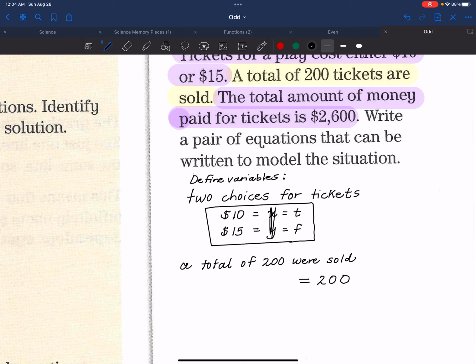That means that the $10 tickets plus the $15 tickets equal 200. So the T's plus the F's equal 200 tickets. Okay, so we have our first equation. We have defined our variables, and we have written our first equation based on that yellow piece of information.